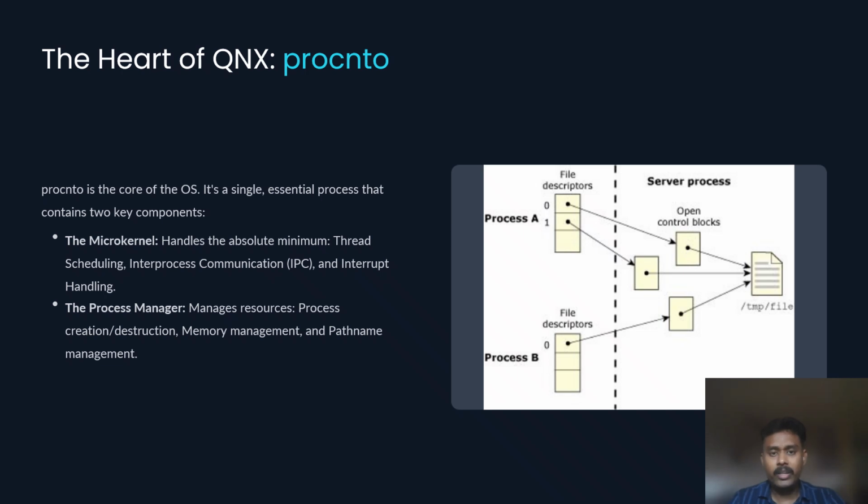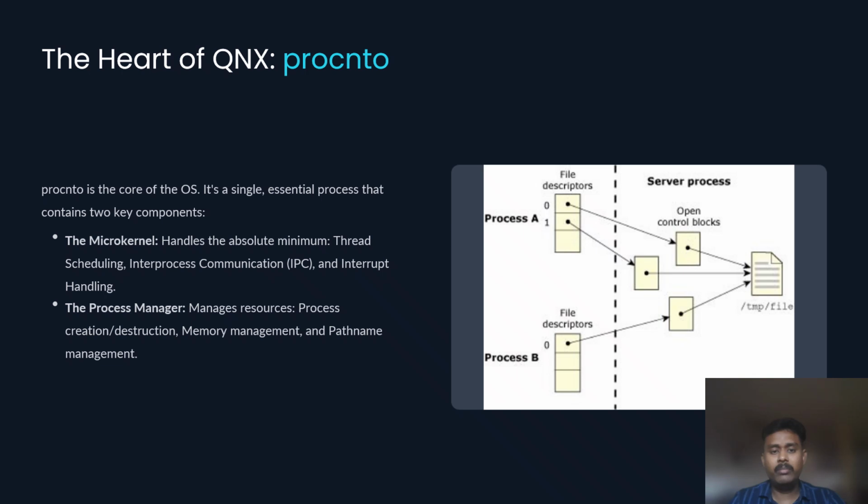This PROCNTO is considered the heart of your QNX. PROC stands for process, and NTO stands for Neutrino. Here it has two key components. One is the microkernel, the other one is the process manager.